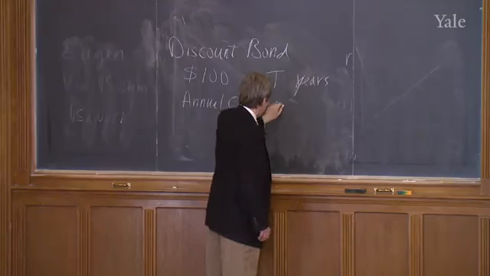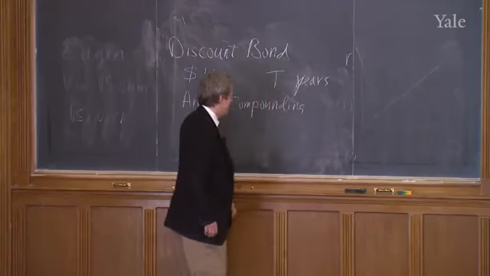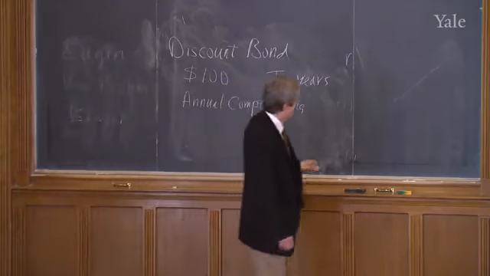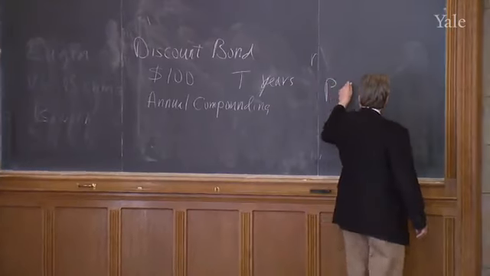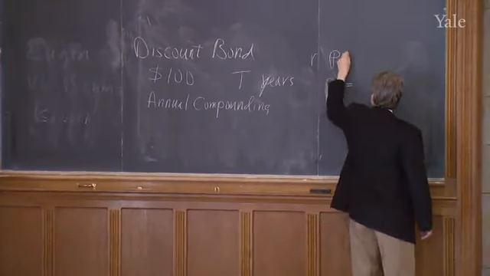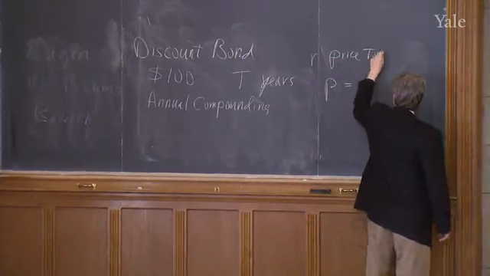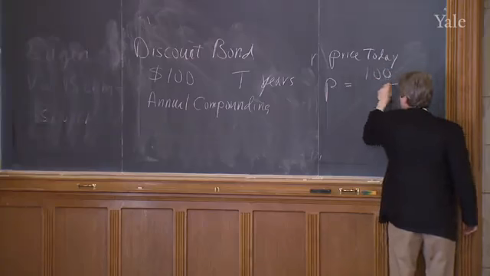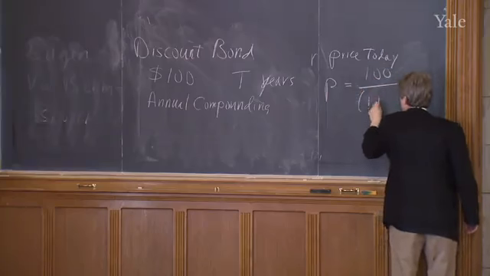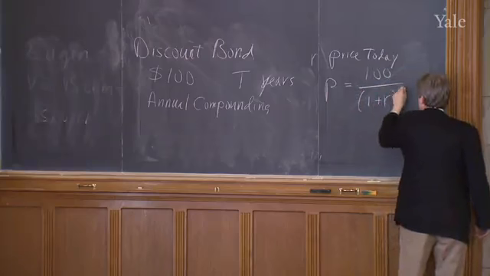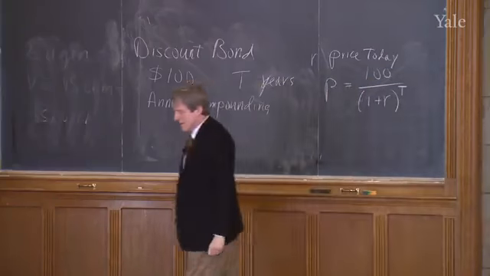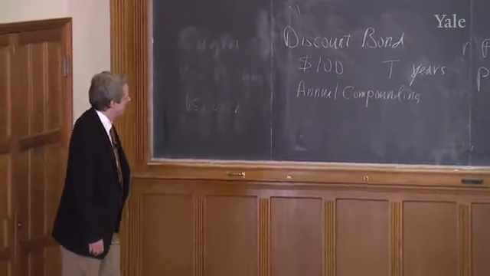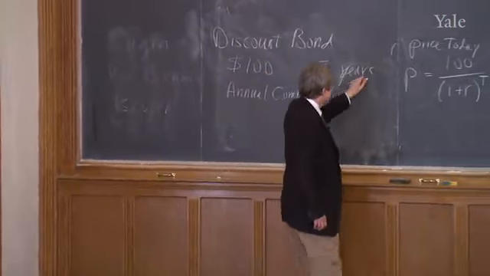Then the price of the discount bond today is equal to $100 all over 1 plus r to the Tth power, where T is the number of years to maturity.